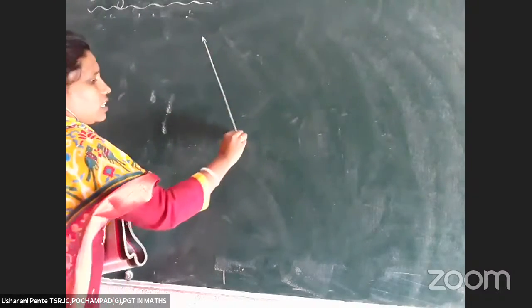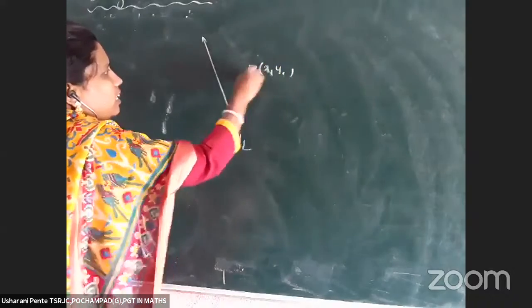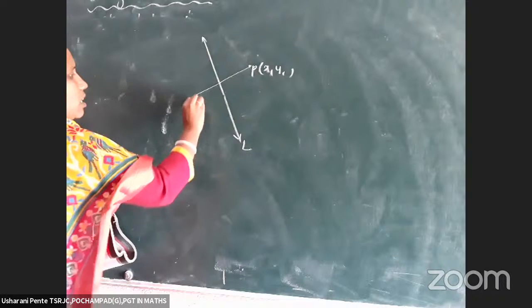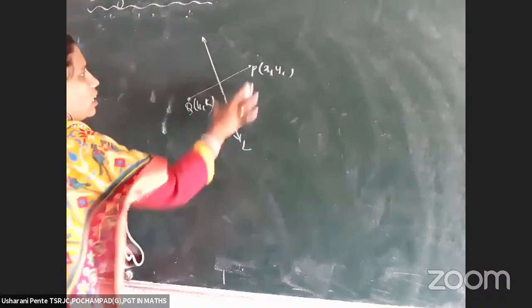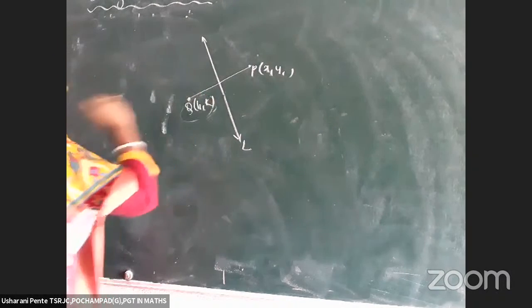That is, there is a line L and there is a point P. For this, there is an image. The image will be formed at an equal distance. Let it be some Q(h, k). Then how do we find the image? So let us see.